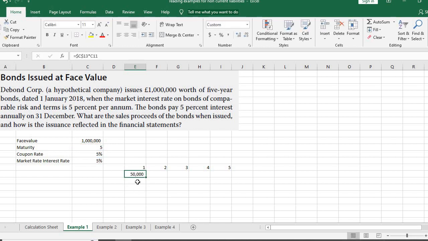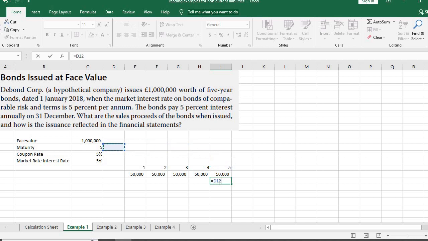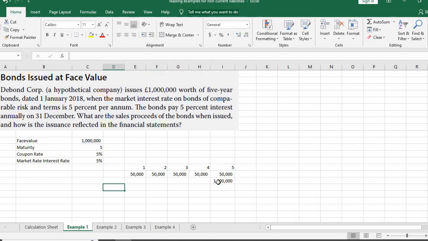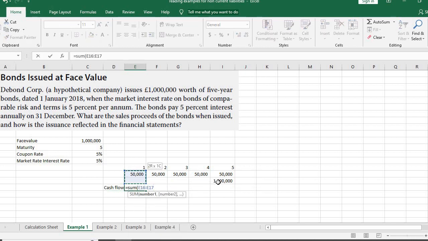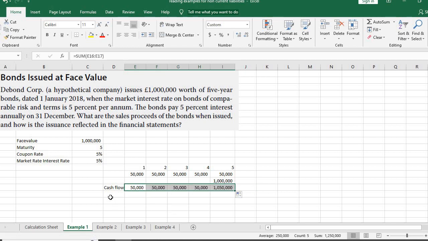The bond issuer is going to pay interest of £50,000 for every year, and the face value is 1 million. Annual cash flows will be the sum of the interest payment and the repayment of face value. So these are our cash flows.